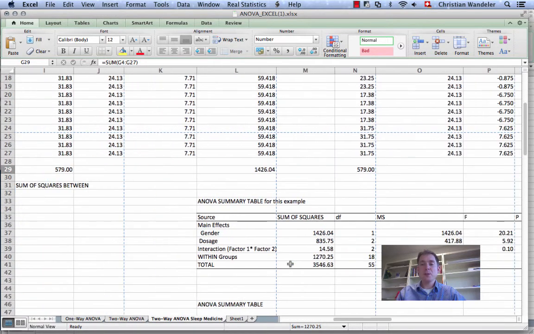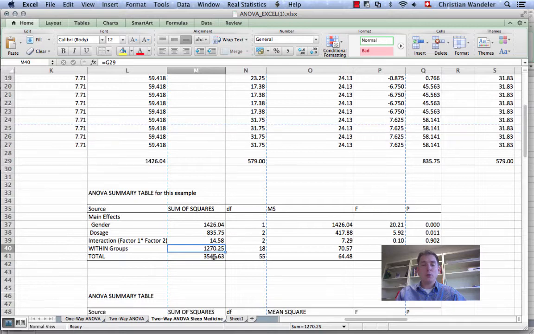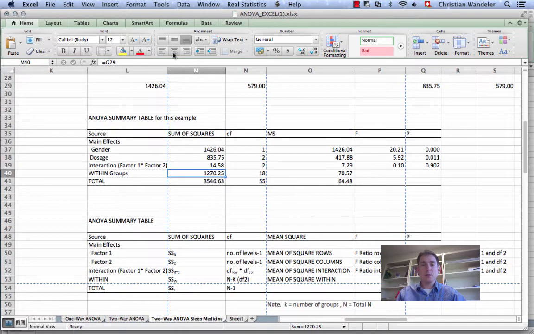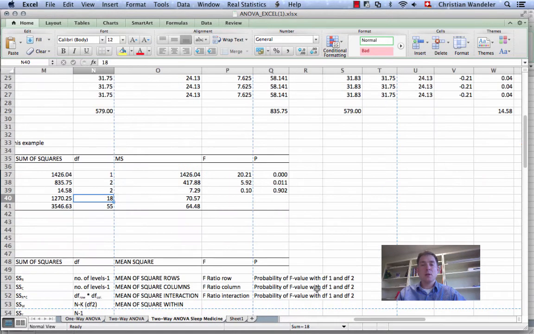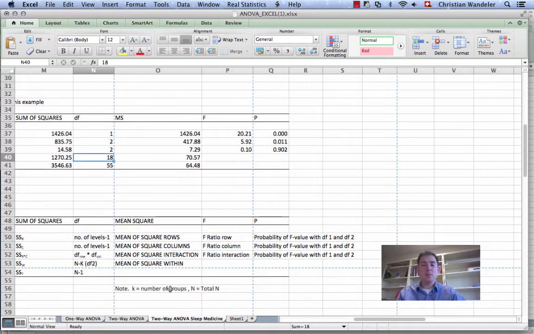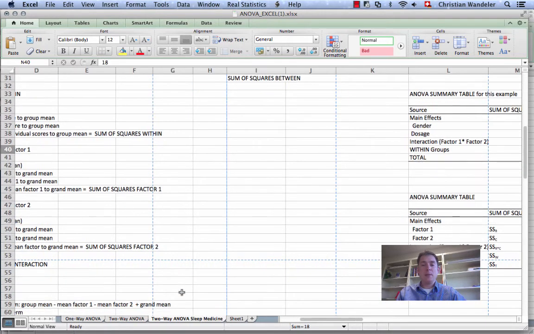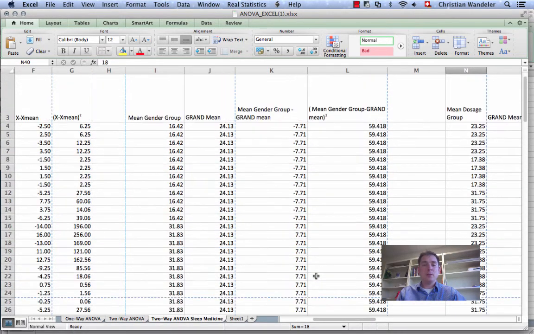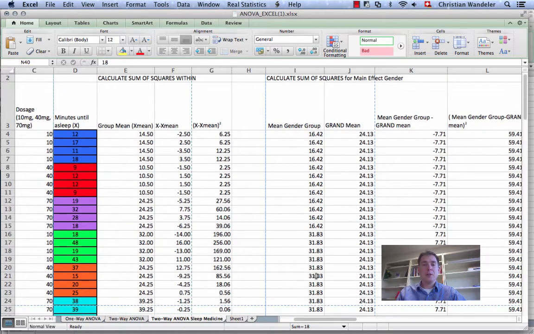We transfer this into our within groups sum of squares in the table. The degrees of freedom is 18 because it's n, the total sample size, 24, minus k, the number of groups. So there's 6 groups. Right? K is the number of groups, and we're gonna get on with the next one.